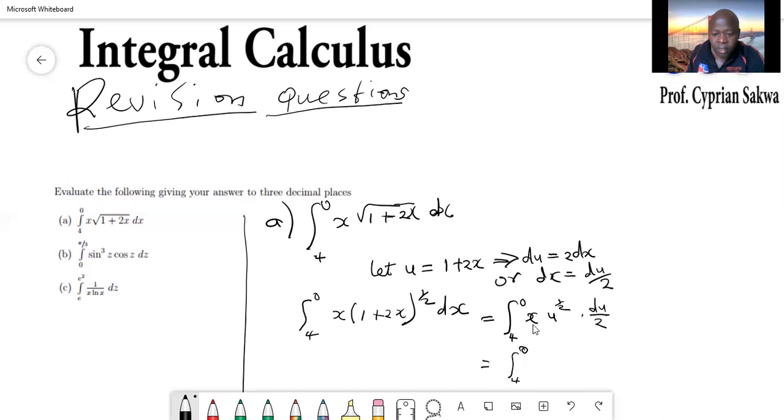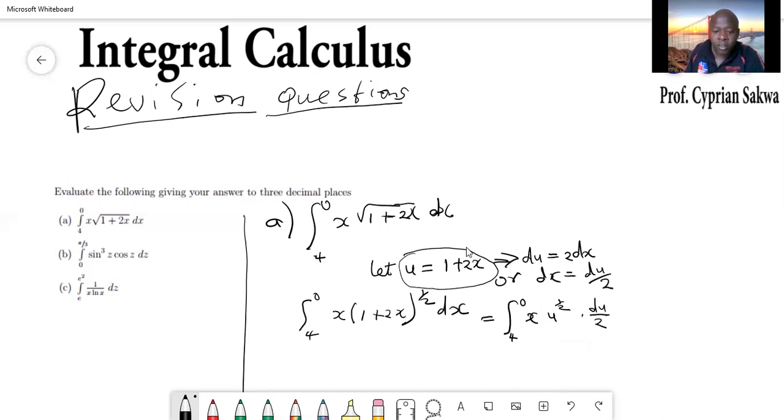We can see we have an x here. Since we are using substitution, we need to get rid of x so that we only have u. So what that means is that we go back to this equation and make x the subject of the formula.